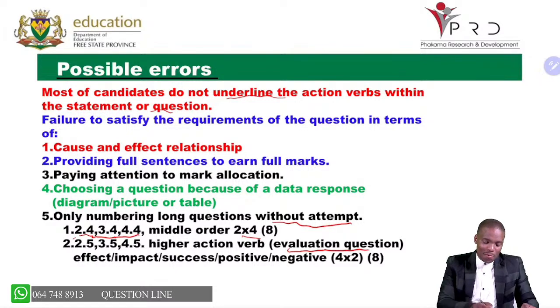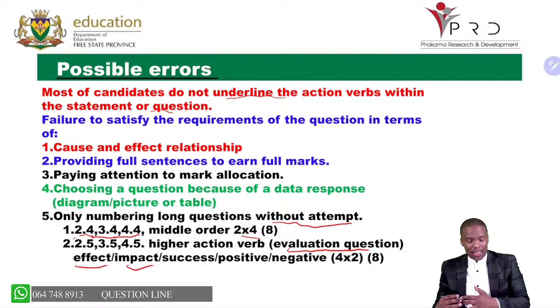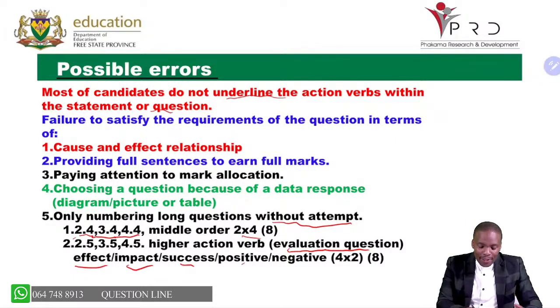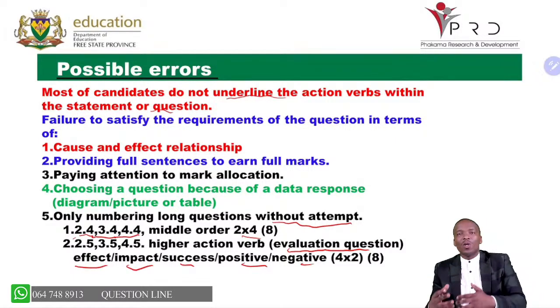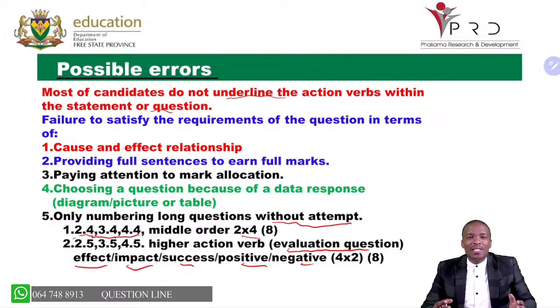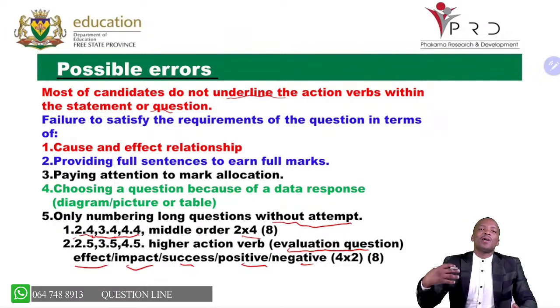What is the effect of something? How does something impact? Has it been successful or not? What are the positives or negatives of a particular item? So that is where we are checking application. And you become objective when you are answering these questions of evaluation. You do not become subjective.